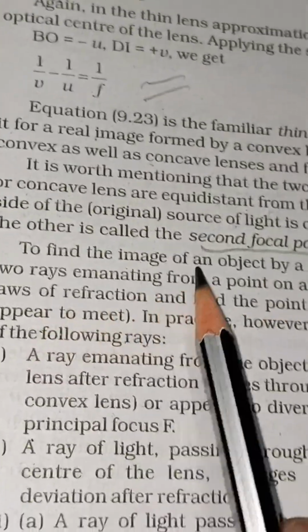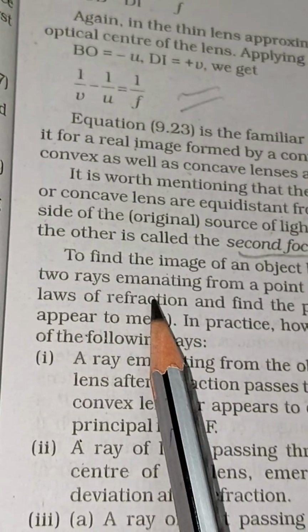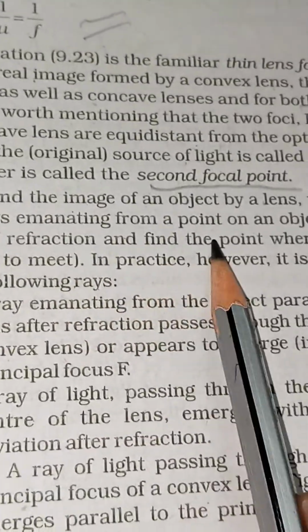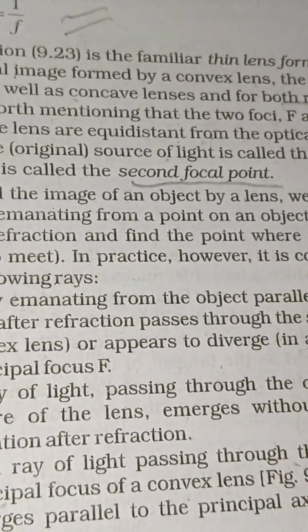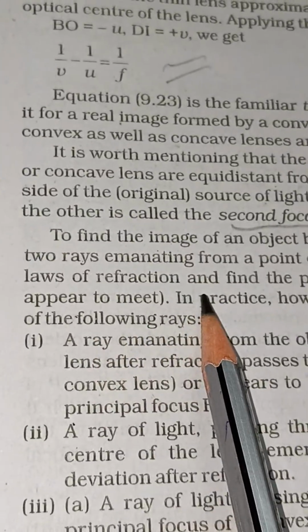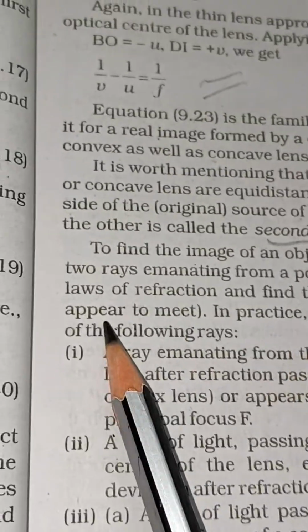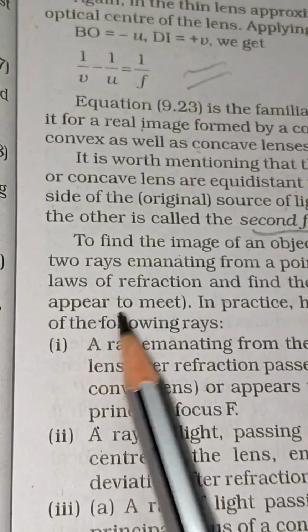To find the image of an object by a lens, we can, in principle, take two rays emanating from a point on an object, trace their path using laws of refraction, and find out the point where the refracted rays meet or appear to meet.